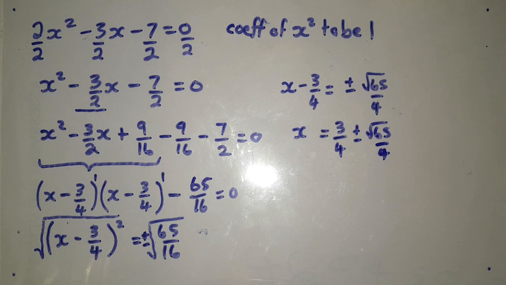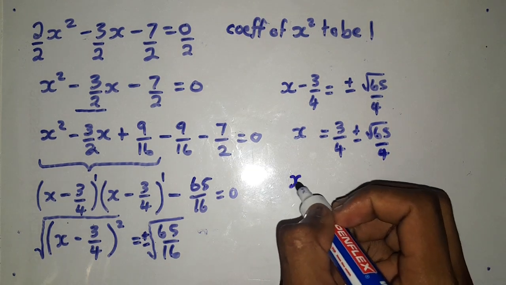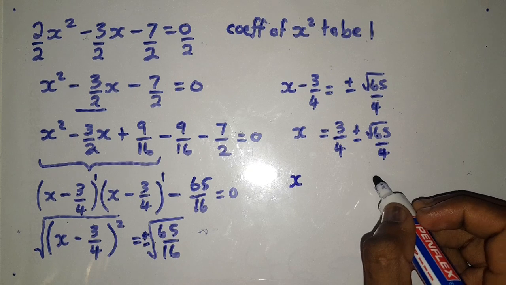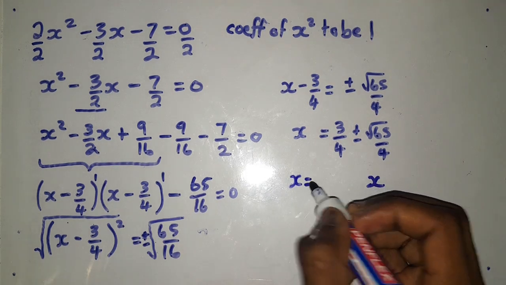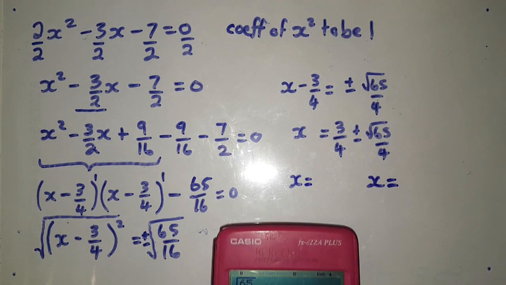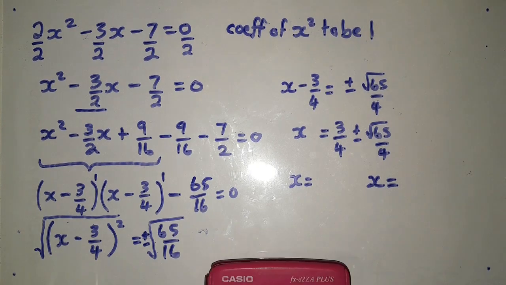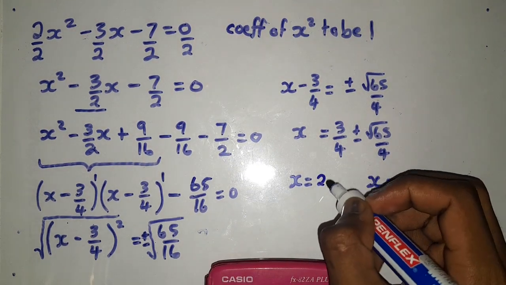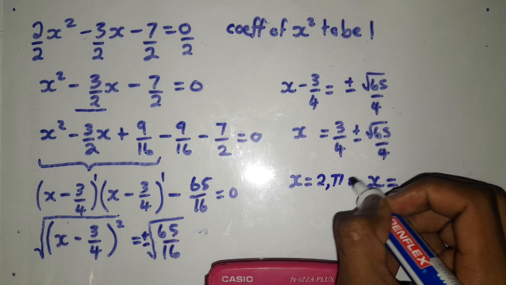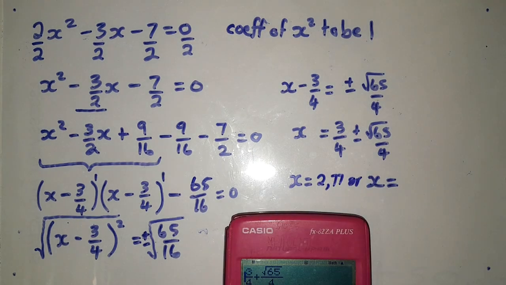Then let us write our answers in a decimal form. I'm going to start with a plus sign, square root of 65 divided by 4, we get 2.77.